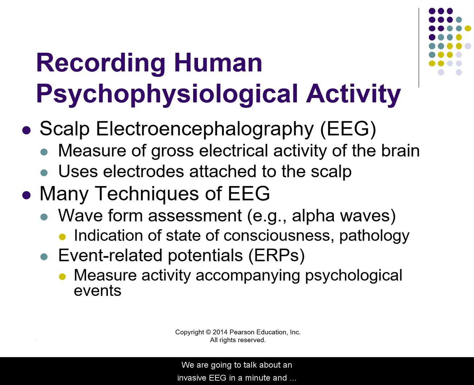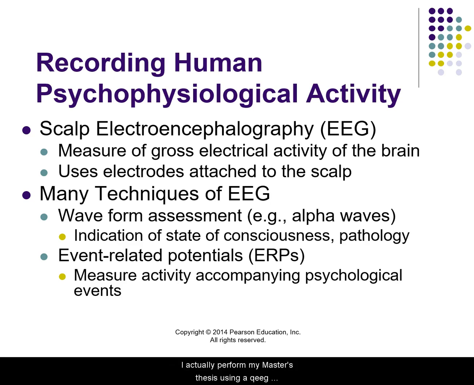We are going to talk about an invasive EEG in a minute, and those actually are. Most of the time, EEGs now are done with a kind of cotton cap, and the cap is put over with a little strap, and all the electrodes are sewn into the cap. It just makes it a lot easier.